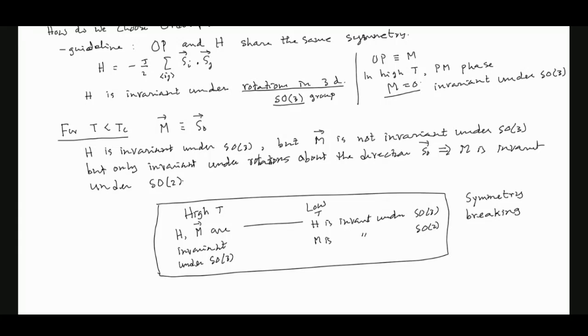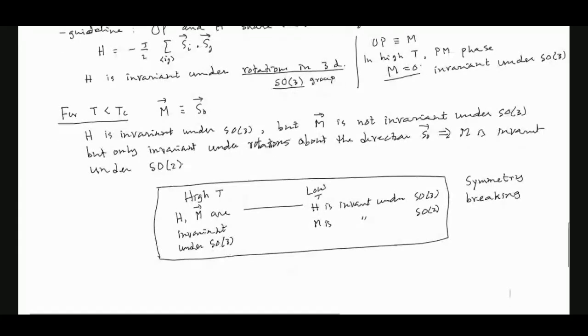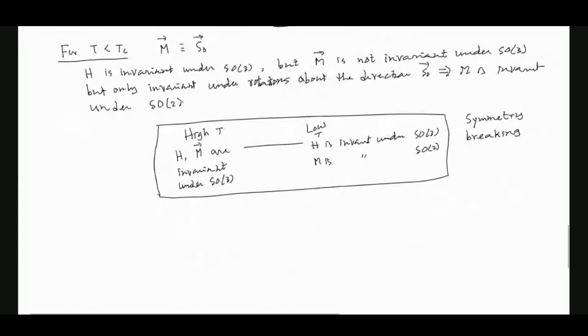So this is the importance of symmetry breaking. So it is important to understand what kind of group of operations leave the Hamiltonian invariant whenever you are trying to look at any phase transition. This is one of the ideas that has a very important role.